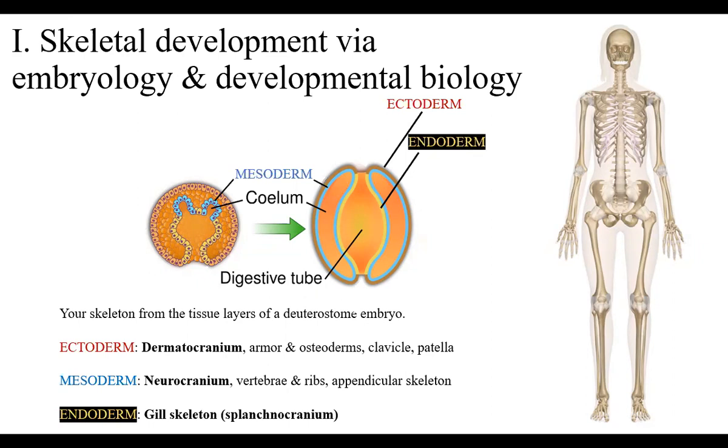These tissue layers are ancient, and what I care for you guys to know, because remember, we still don't really have very much bone yet in this paleontology class, except for this armor, is where your skeleton really comes from. So here's your skeleton. You don't have everything I've listed here, but here's your skeleton. The ectoderm, when you guys were little triploblastic cells with three layers, from the outer cell layer, some of your bones form.